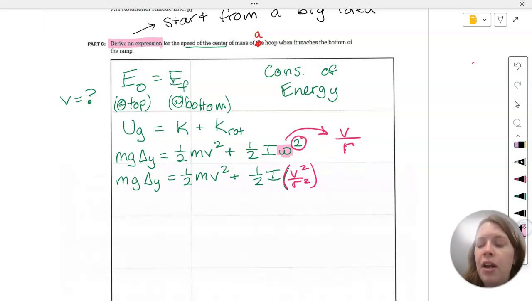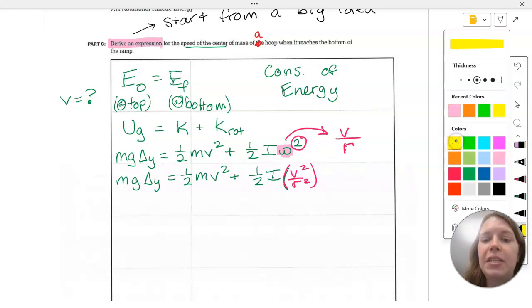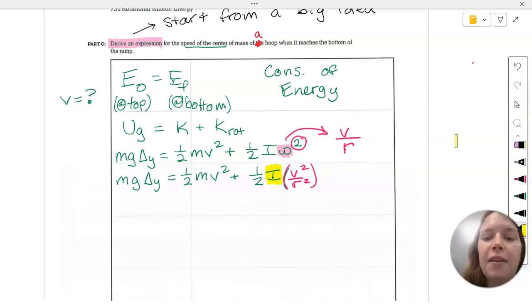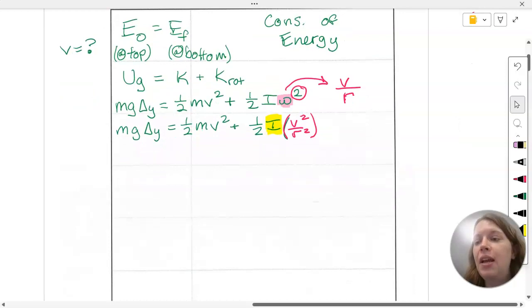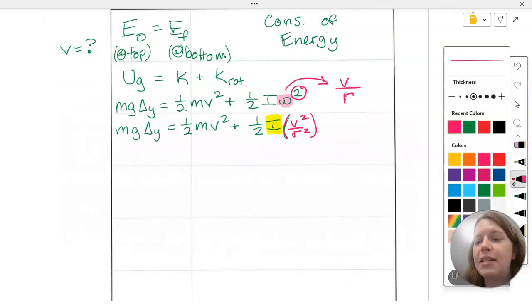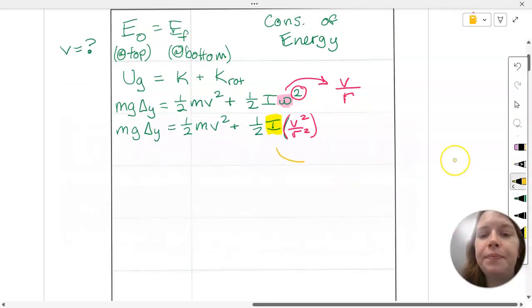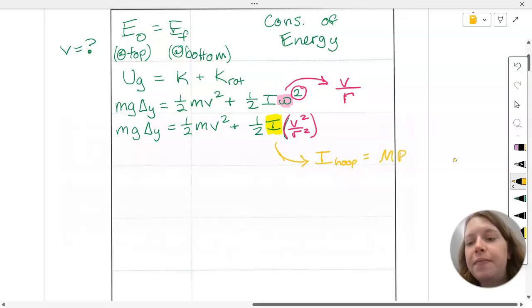Another way that we can simplify this is we can look at I. I is generally described as some coefficient. I for the hoop is mr squared. I for a disk is 1/2 mr squared.